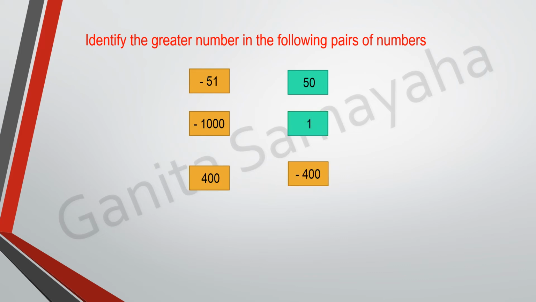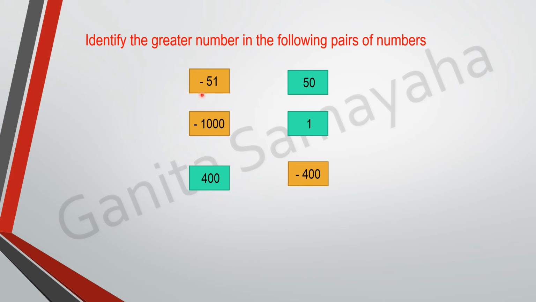Then between plus 400 and minus 400. Yes, plus 400 is a greater number. See here, children, whenever there is a negative integer and a positive integer, the positive is greater always. Remember that.